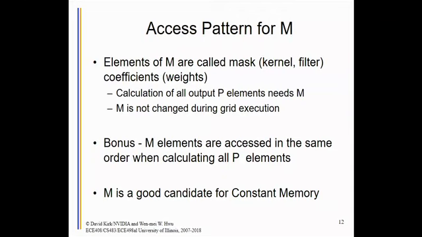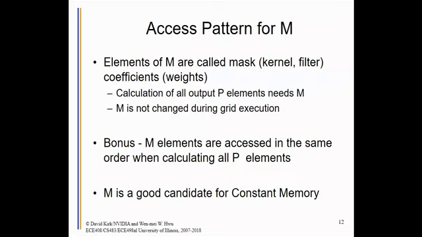Another important part is that the mask is not changed in the convolution. We may be processing multiple images, so the images may change. On the other hand, the masks will not change. The mask will be used in processing different images as well.